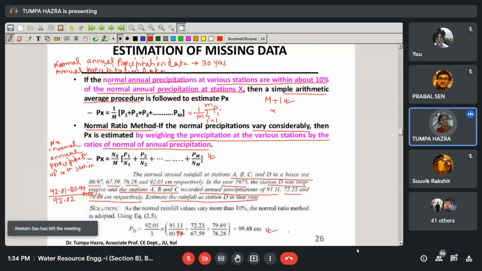Whatever value we obtain, we will calculate. In this way, if any data is missing, you can recover the data without discarding that data.